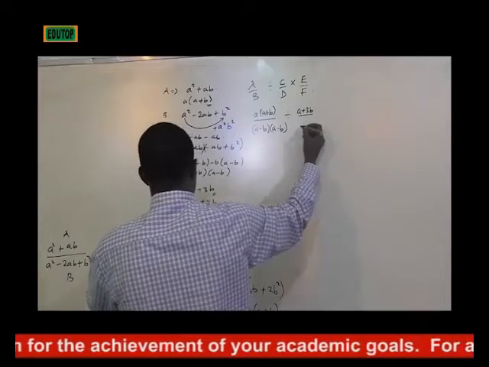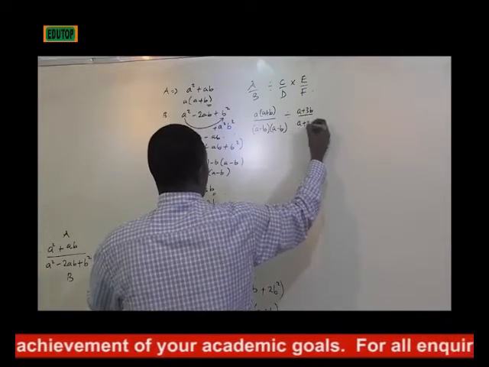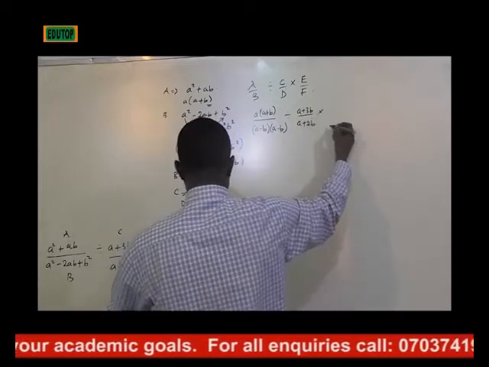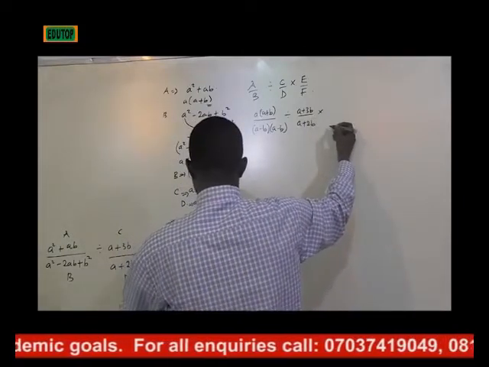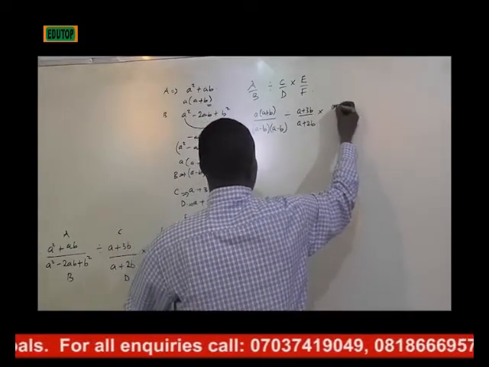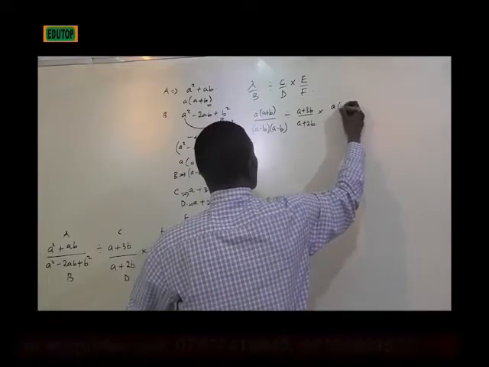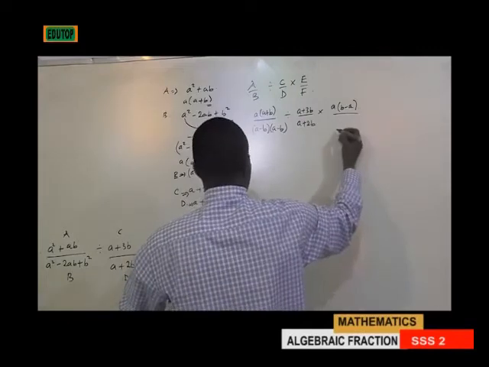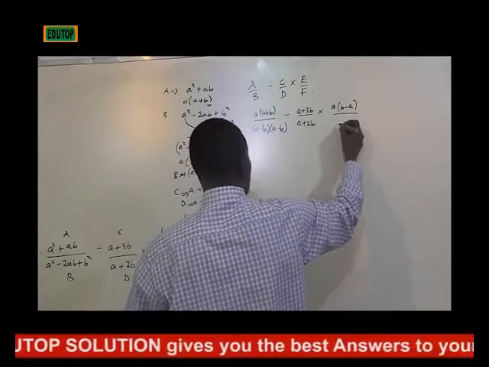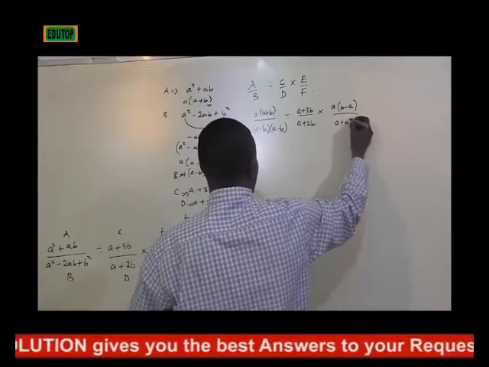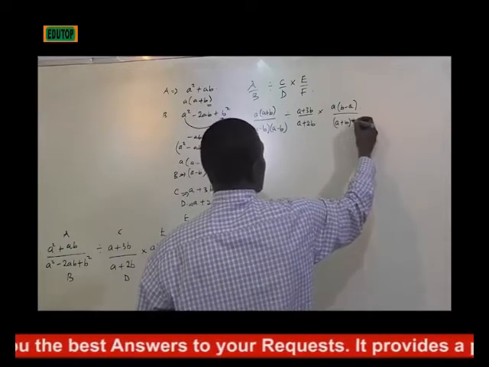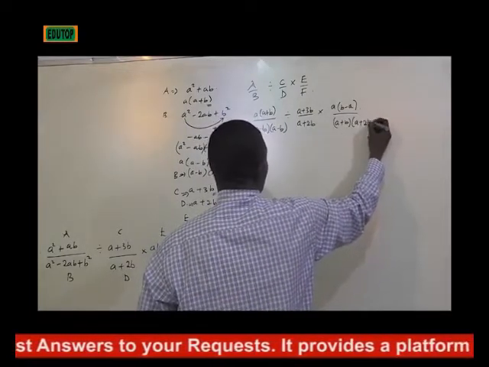What's our D? a plus 2b, times E. What's our E? Our E is a into b minus a over, what's our F? Our F is a plus b, a plus b, a plus 2b.